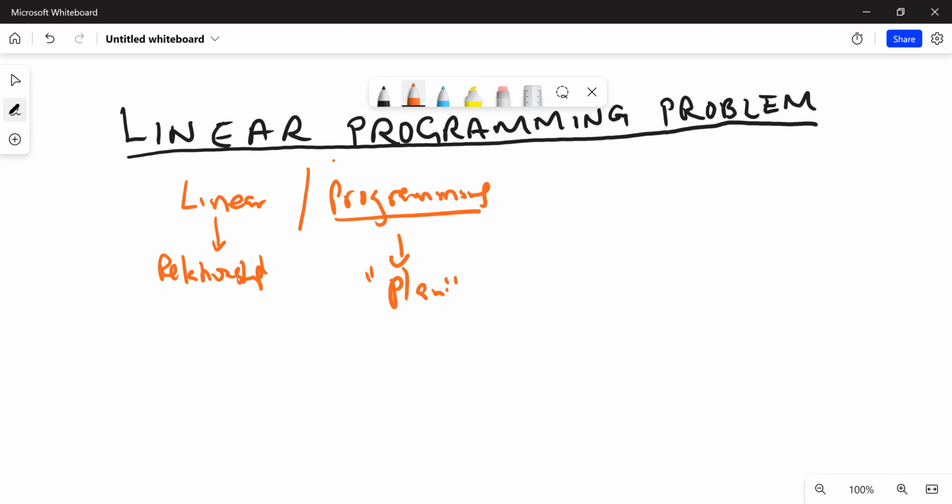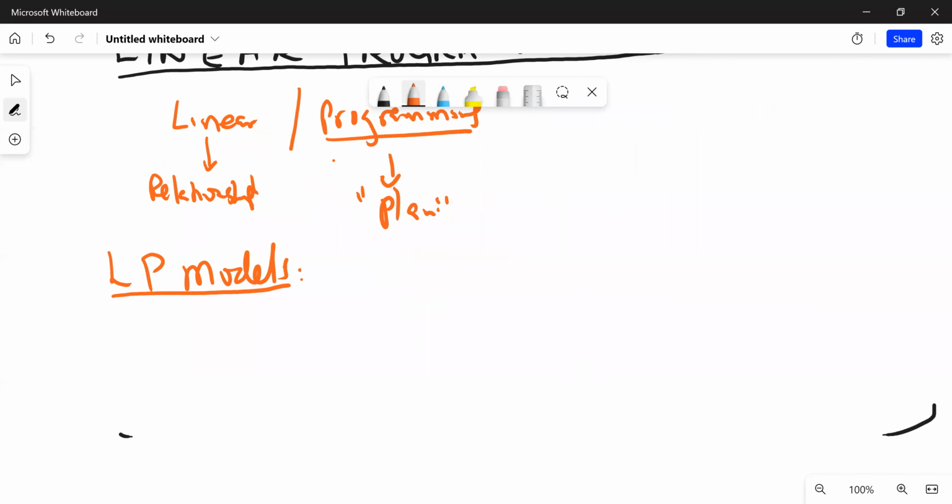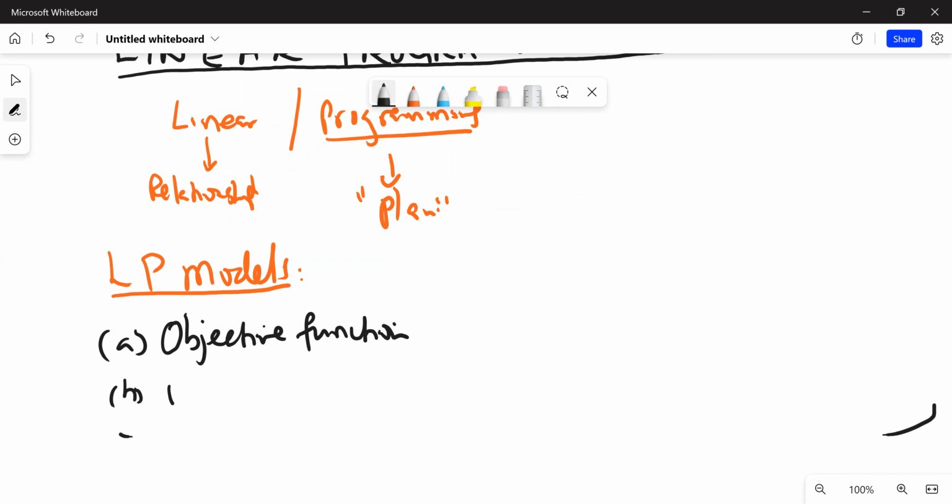Now we'll be dealing with what we call linear programming models. And a linear programming model has the following format. Number one, it has what we call an objective function. Then we also have what we call resource constraints.